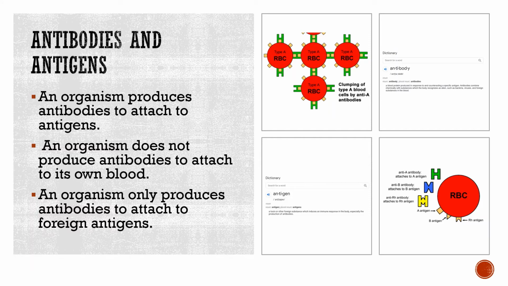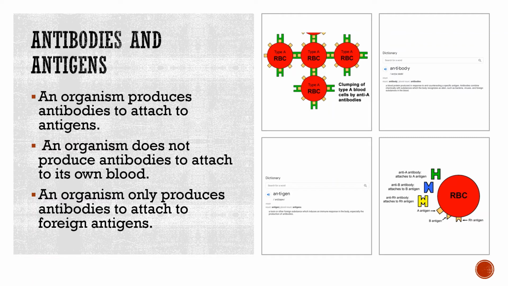And then, if you can see in the picture, the top left picture, basically antibodies clump all this bad blood, foreign blood, bacteria, viruses, whatever it is, and then when it's all clumped together, white blood cells can then come in and basically take care of the rest of it. So antibodies clump everything together nice and neat for the white blood cells, T cells, whatever you want to call them, to basically finish the job.